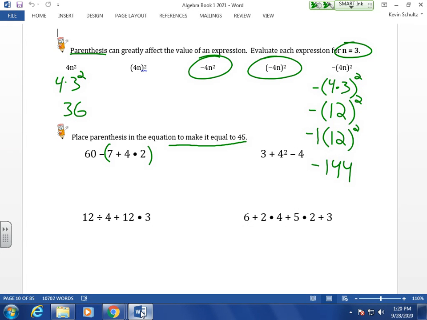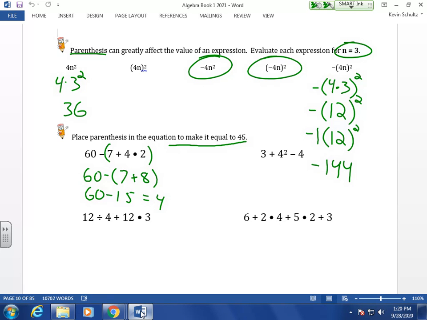Are you kidding me? Okay? Because, folks, now we've got 60 minus, in parentheses, the 4 times 2 must happen first still. And then 60 minus 15, which is what 7 plus 8 is, gives us 45.